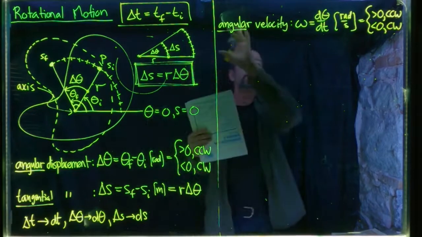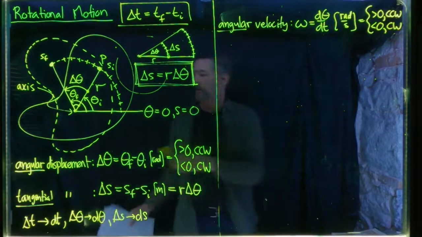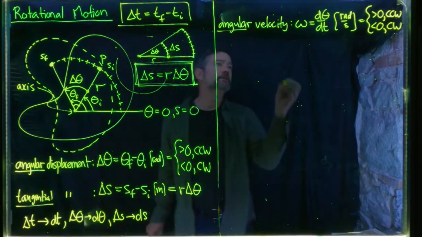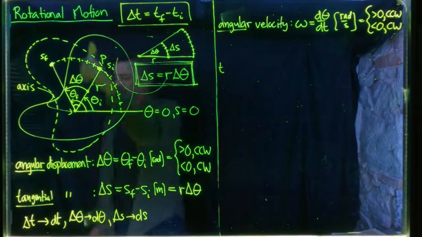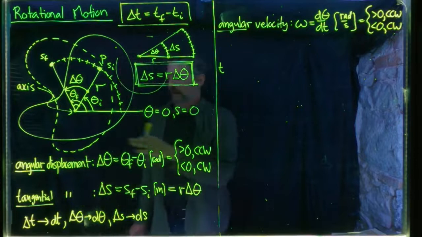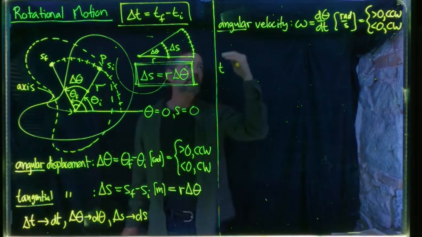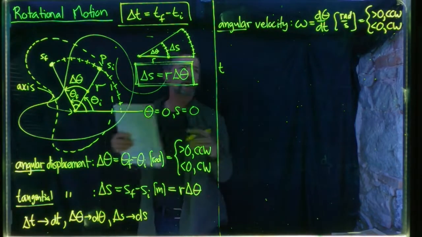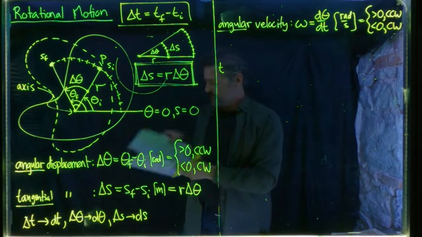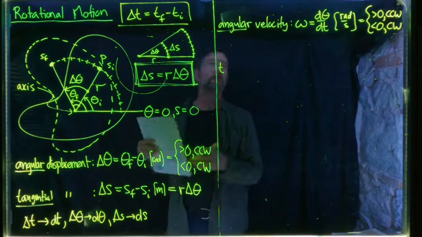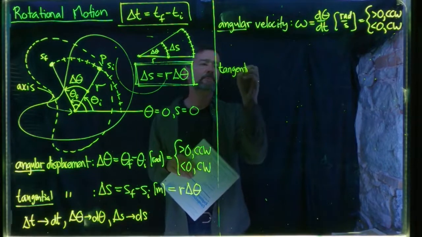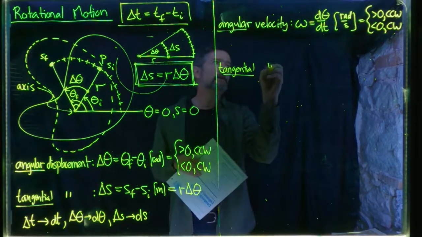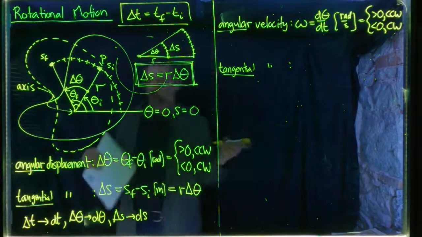Okay, now associated with this angular velocity, there is also a tangential velocity. So for rotational quantities, there's always an angular and a tangential: angular and tangential displacement, angular and tangential velocity, angular and tangential acceleration. So we have a tangential velocity. What does that mean?